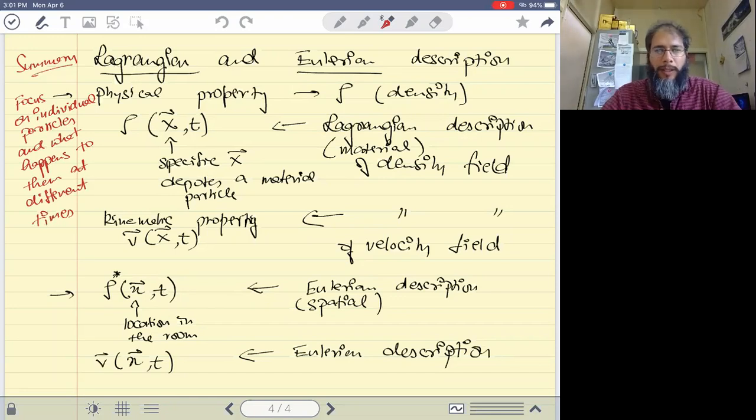On the other hand, the Eulerian description is more useful when we want to know what's happening at some specific location in space at different times.